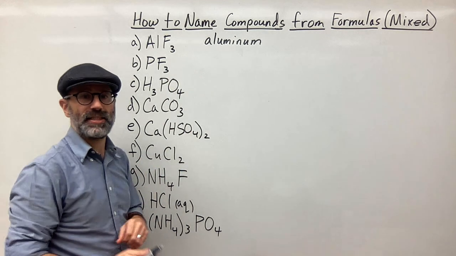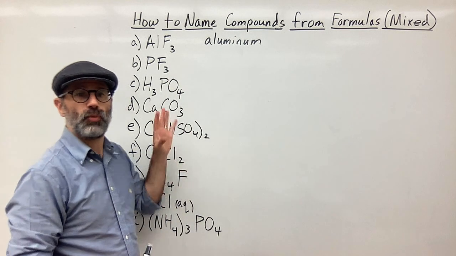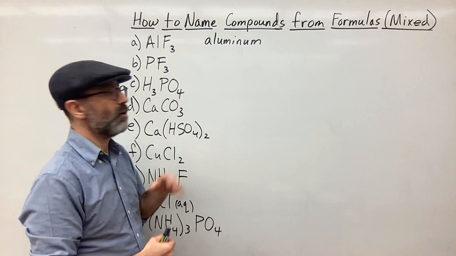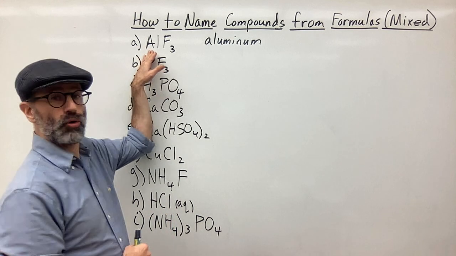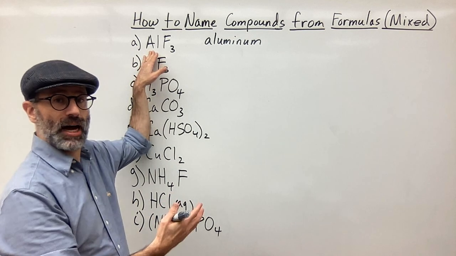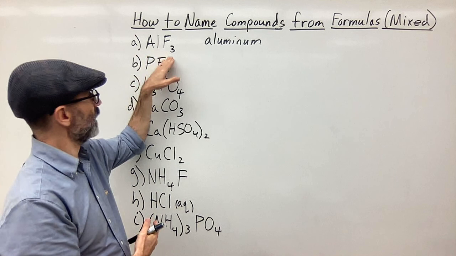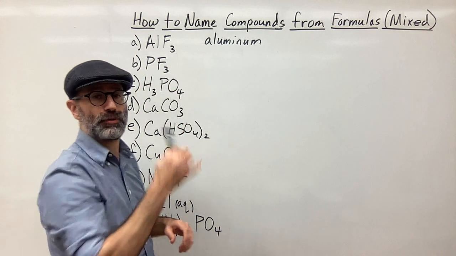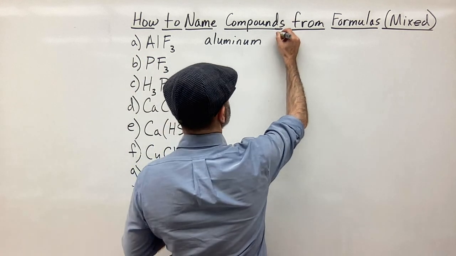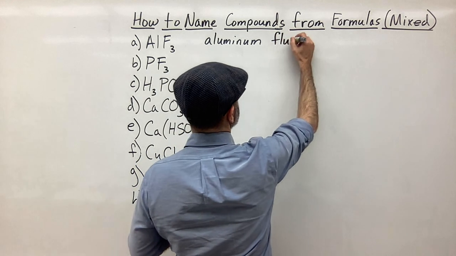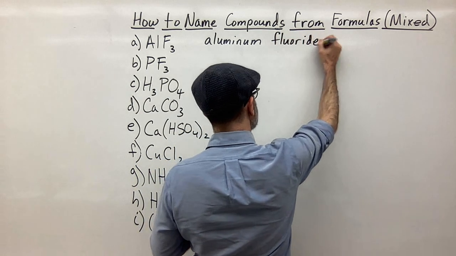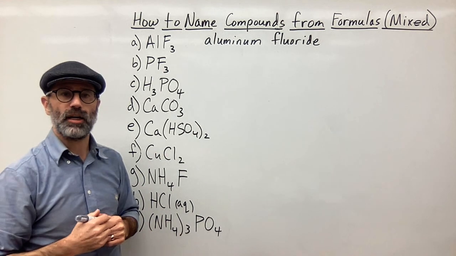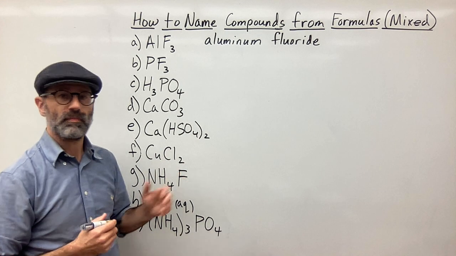The name of the second ion is where you have to drop the ending and add IDE. So for the first, you only write down the name of the element. For the second, you got to drop the ending, add IDE. So fluorine becomes fluoride. And that is the name of AlF3.